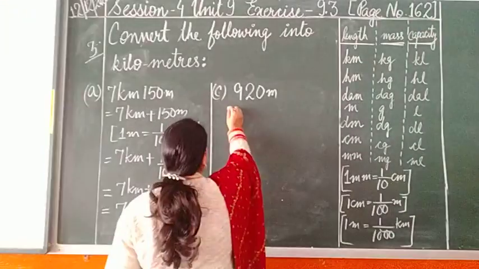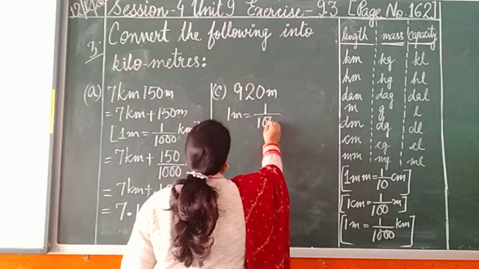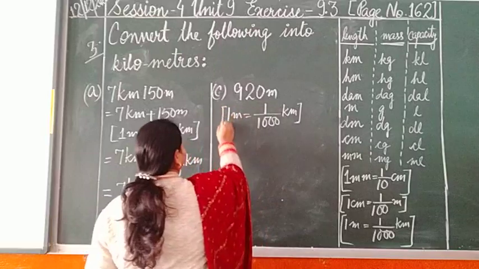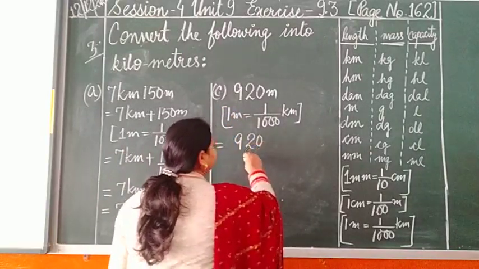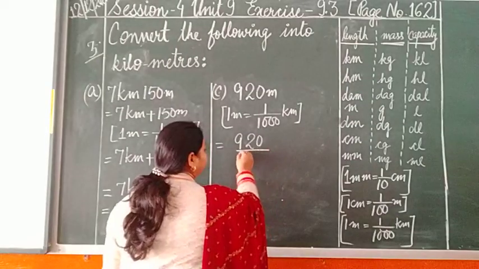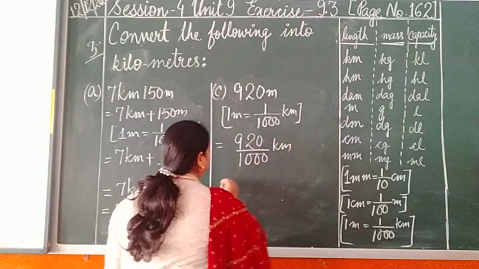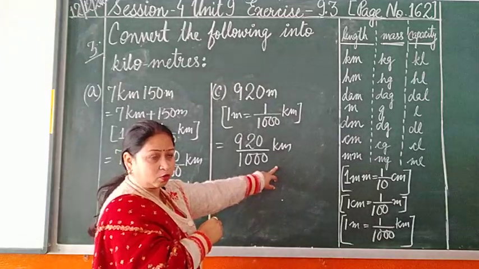Okay. Now next question, 920 meter. Conversion will be the same. 1 meter equal to 1 upon 1000 kilometer. Okay. So 920 meter will change to kilometer when we divide this by 1000. The moment I divide by 1000, meter has been replaced by kilometer.